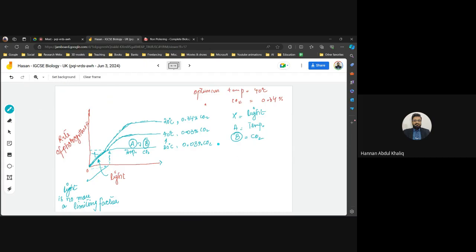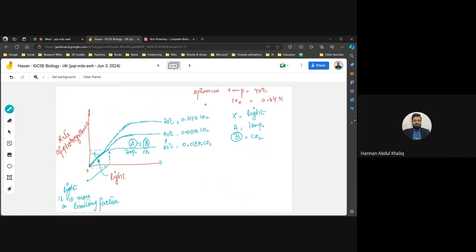B can be the carbon dioxide. Whatever position, always remember, at whatever position, whatever we are changing would become a limiting factor. This is very important for the MCQs. Very important to understand in the MCQs that at the position, whatever we are changing and getting the result would become the limiting factor.